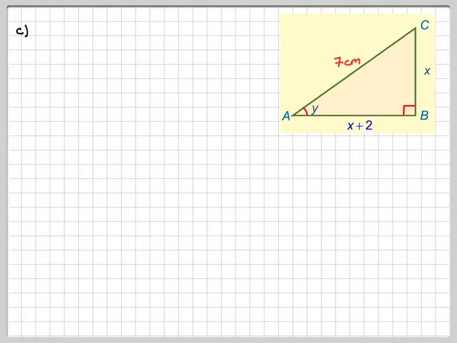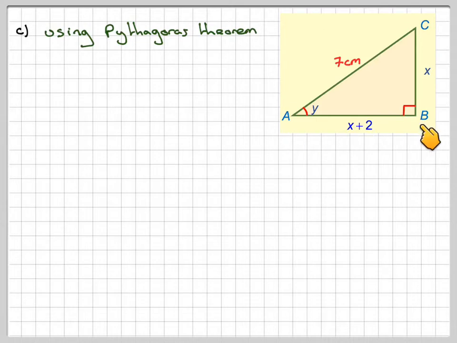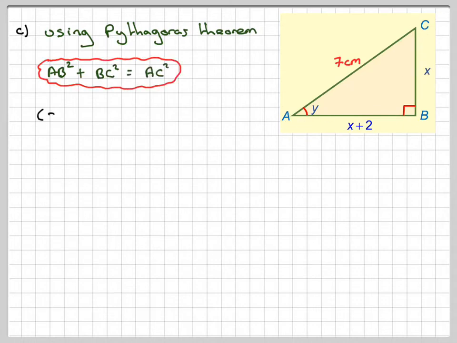Right, this time we're told this length is 7, and we're told to form a quadratic equation. So using Pythagoras' theorem, AB squared plus BC squared is going to be equal to AC squared. That's Pythagoras' theorem. So we're going to have x plus 2 all squared plus x squared is equal to 7 squared.